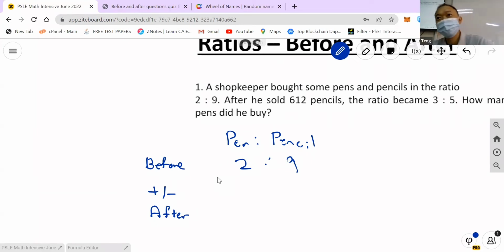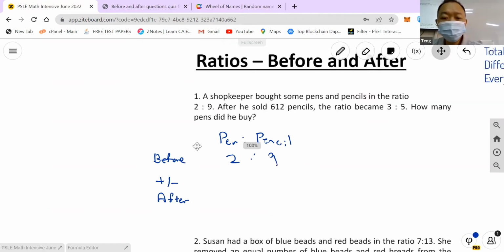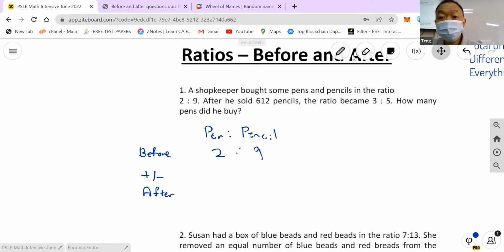After so many years of PSLE, I find this method pretty easy to follow, one of the easiest methods, so I just continue to use it. I think it's from MOE. I went to their website to check the syllabus, so they have something like that.